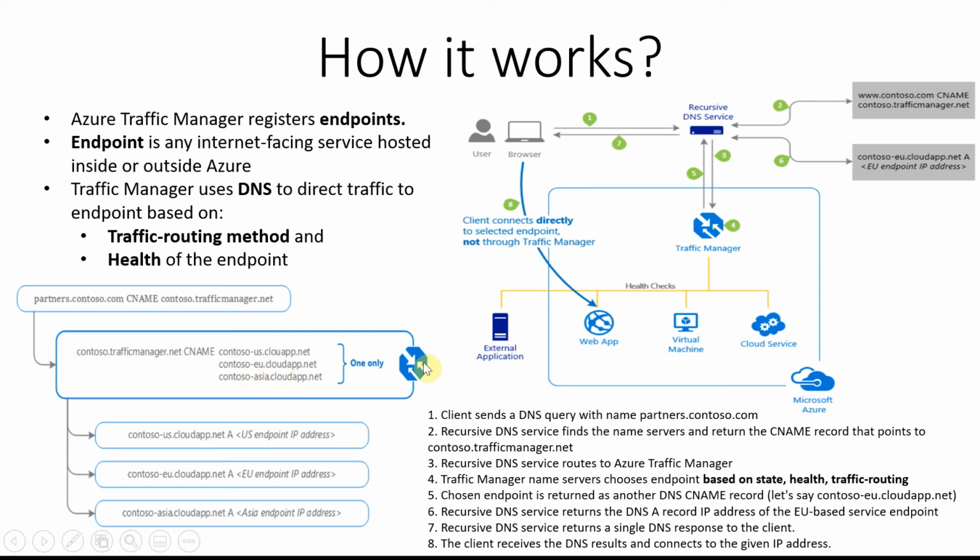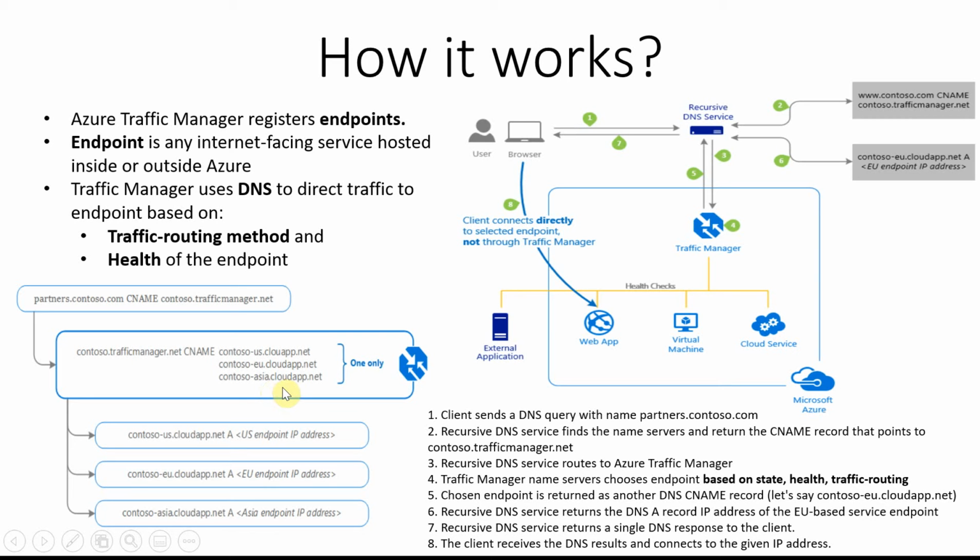That input is required for traffic manager, and also it will look at the health aspect, like we saw in the load balancer, the previous one. It will also look at the health probes, identify the health of these, and then make a call to route the traffic to one of these three.